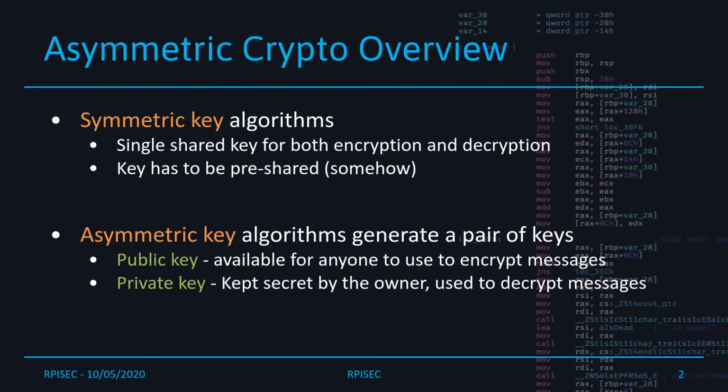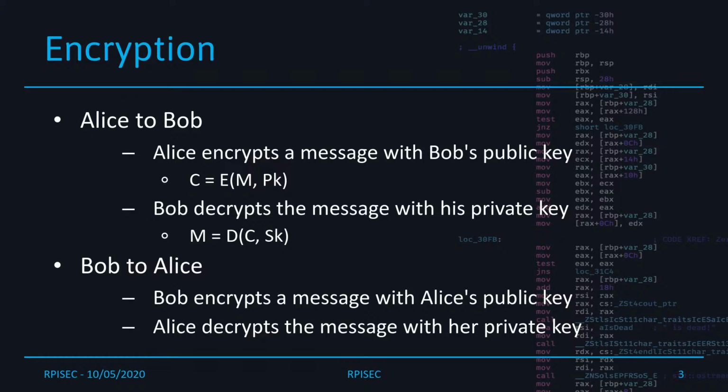So asymmetric crypto, as opposed to having a single shared key among both parties, in asymmetric crypto both parties generate a pair of keys. So both parties will generate a public key and a private key that will be used in communications.